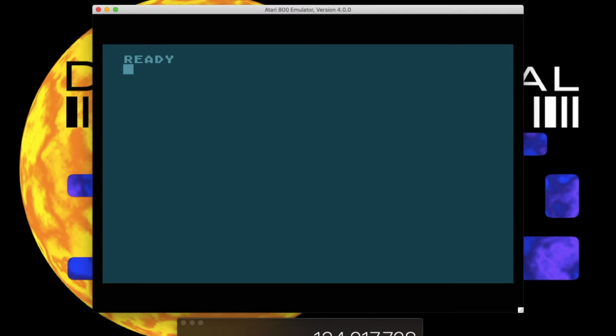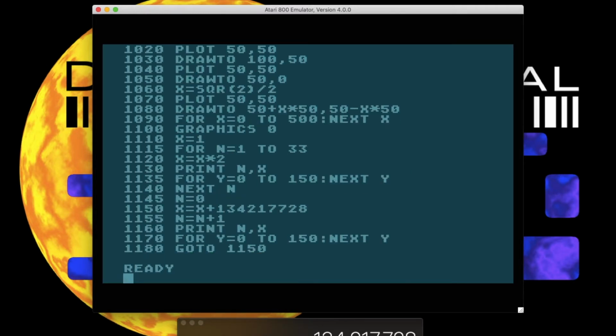Let's just confirm that. So that's 33 bits, which would be 30, which would be 3 times 3 digits.